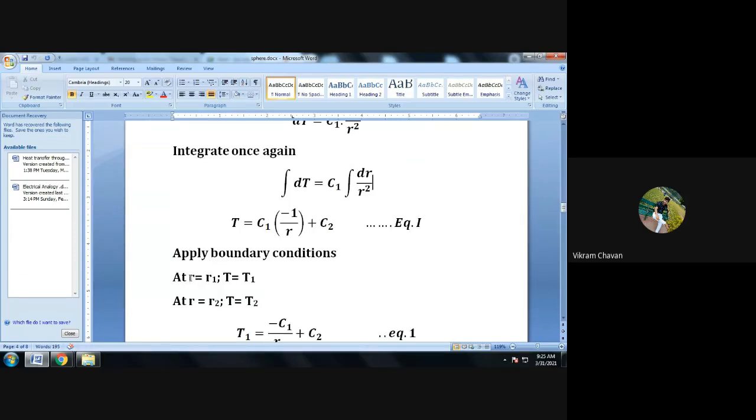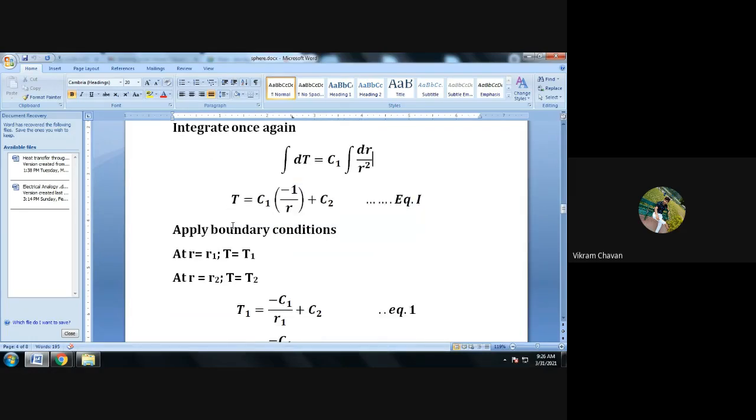Boundary conditions are nothing but when r is equal to r1, t is equal to t1, and when r is equal to r2, t is equal to t2. These are two boundary conditions we need to apply for this equation number Roman 1, and we have to determine the c1 and c2 constants. So apply first boundary condition for this equation number Roman 1.